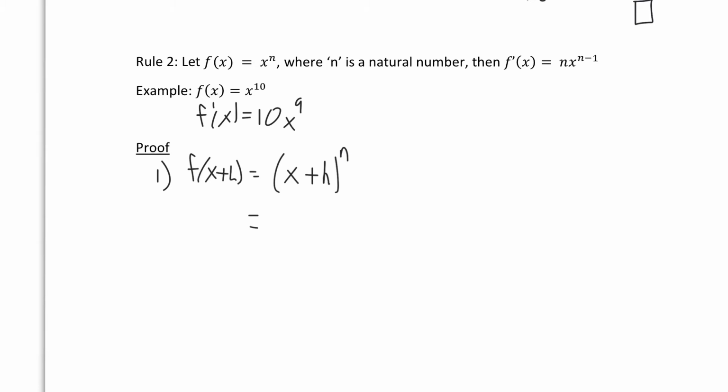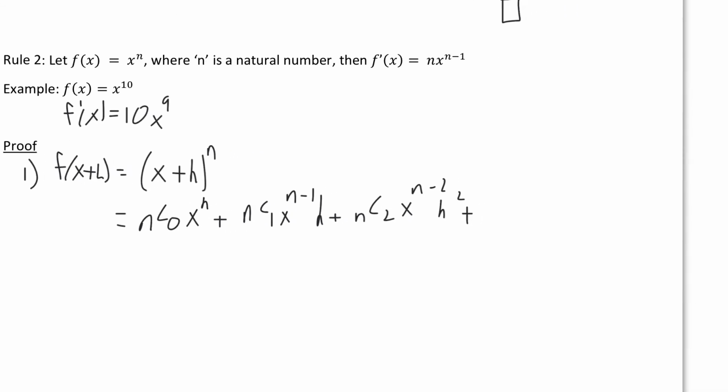So you get, if you remember, nC0 x to the n plus nC1 x to the n minus 1 h plus nC2 x to the n minus 2 h to the 2 and so on. And this just continues on and on until you get to the very end where you have nCn and h to the n.